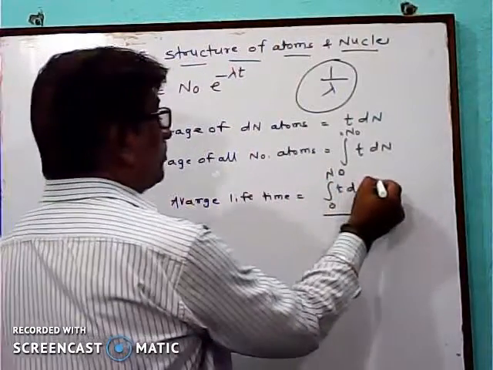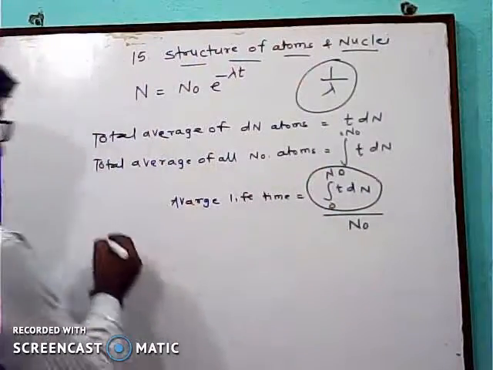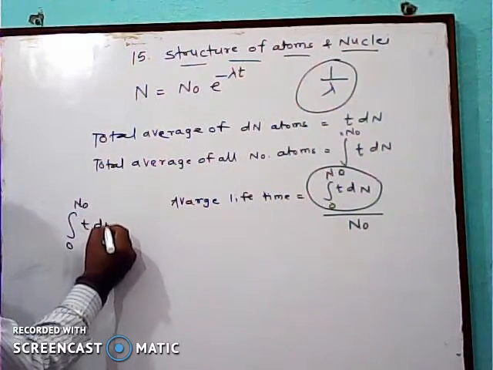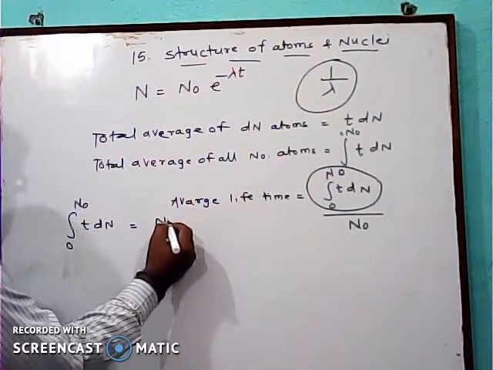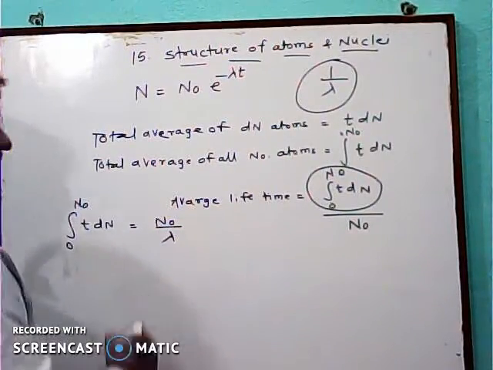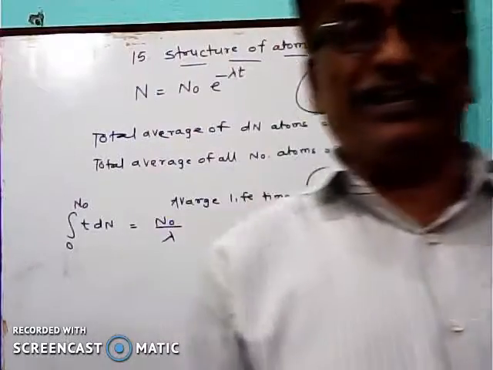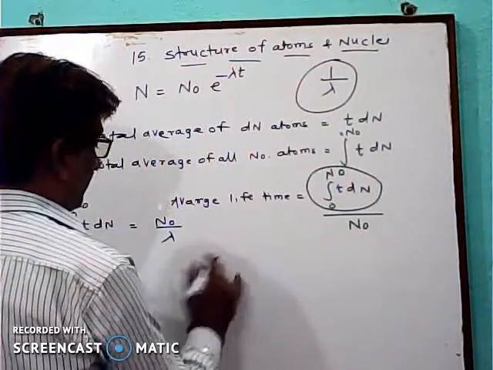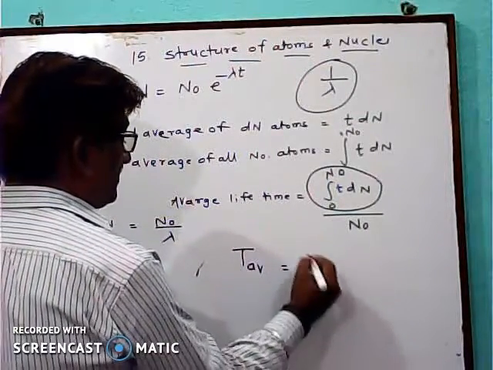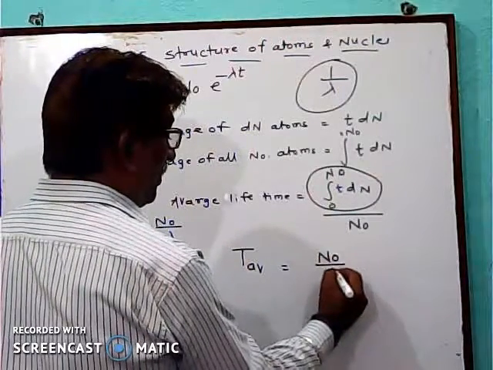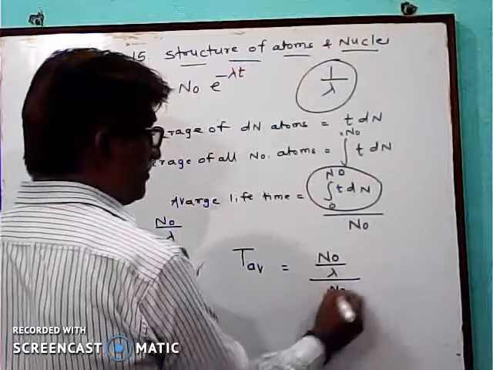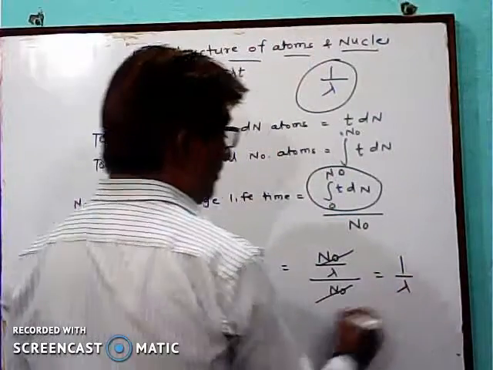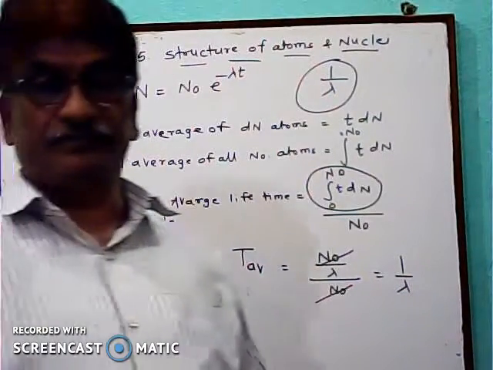So we want the value of the integration from 0 to N0 of t into dN. Its value will be N0 upon lambda. Then the average lifetime, capital T average, is equal to N0 upon lambda upon N0. N0 gets cancelled, which gives 1 upon decay constant lambda.